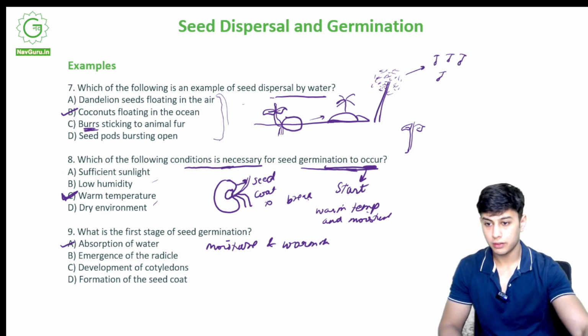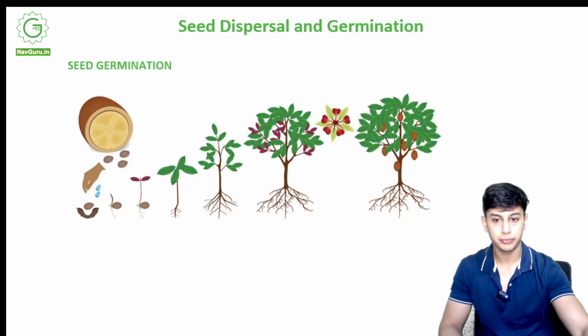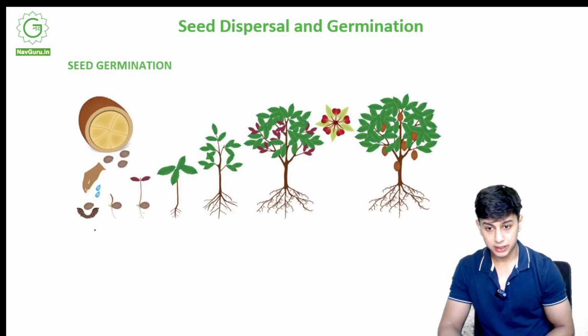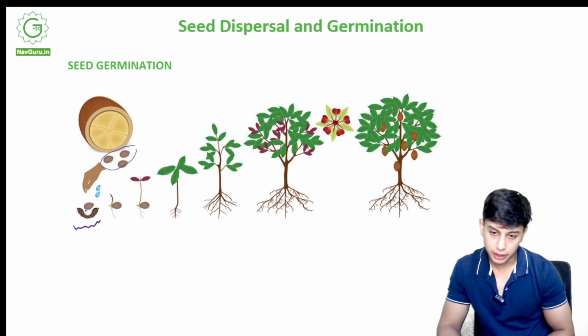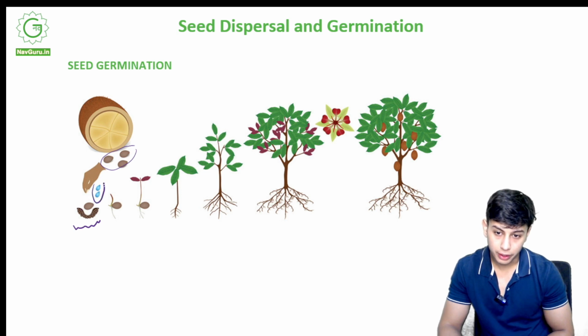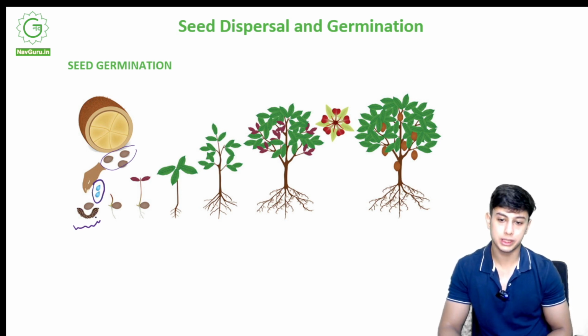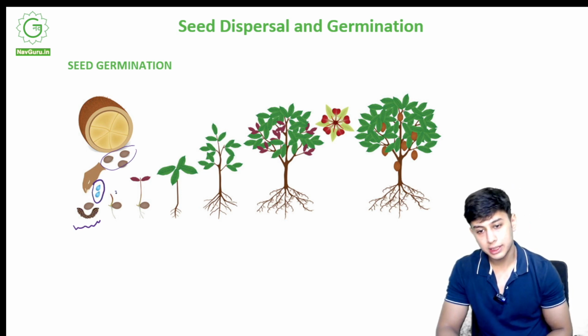If I can, I will try to show you. Yeah, see over here, seed germination. The first step is we get the seed, it goes into the soil, we put water. The first step is moisture. Okay, then we see a plumule and a radicle.